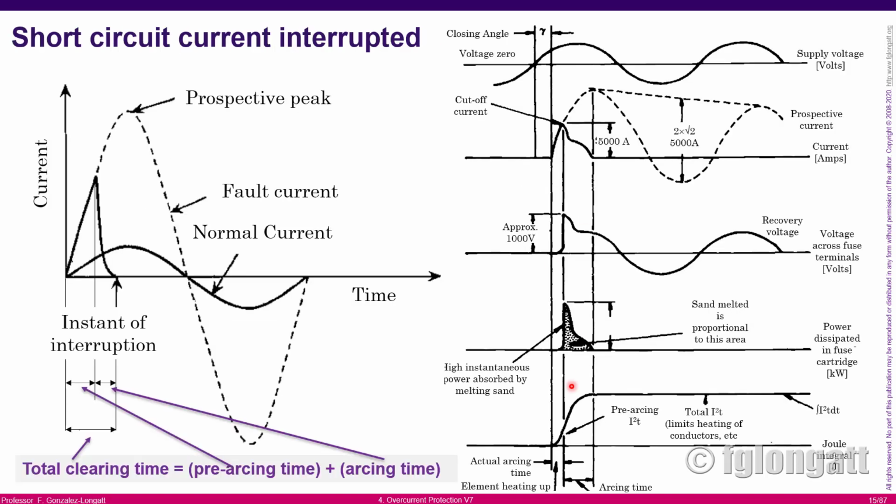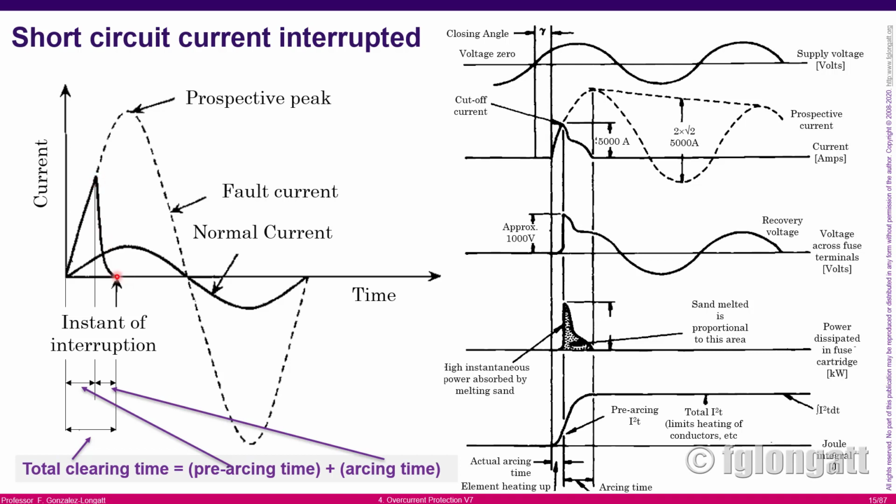As I said before, here the voltage starts to increase because during the pre-arcing moment, the resistance starts to increase, okay? But there is a moment when the arc starts that the resistance will increase so fast that it tries to send the current down to zero, okay?